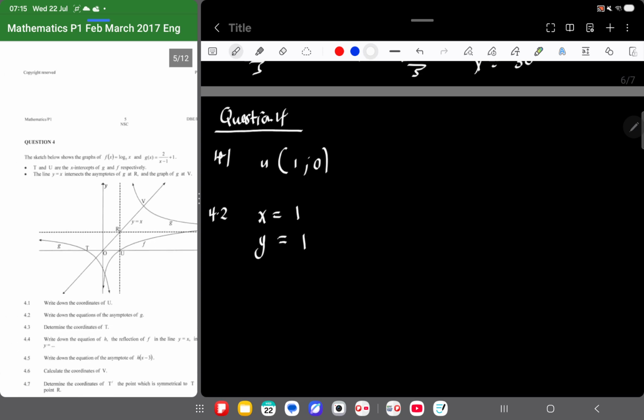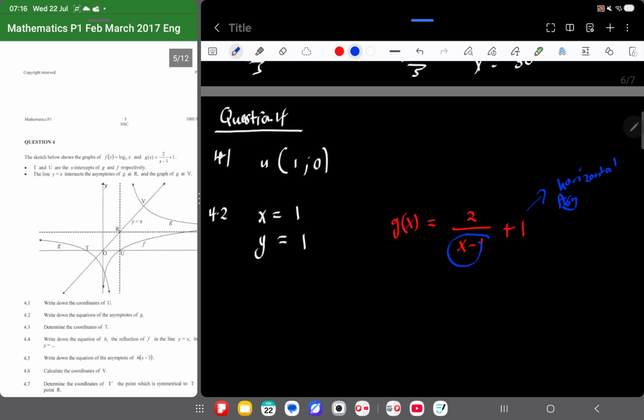To get the vertical and horizontal asymptotes of a hyperbola, for example this one, g(x) = 2 over (x minus 1) plus 1, this value you take as it is, and it gives you the horizontal asymptote.